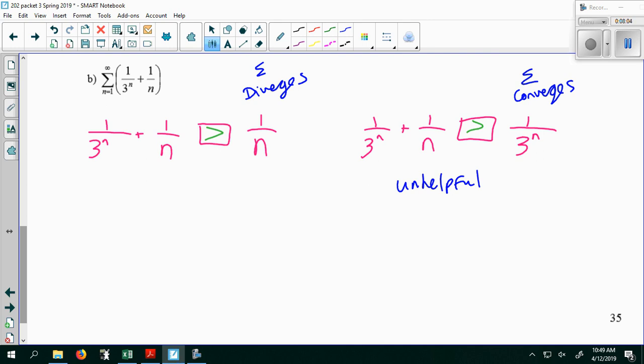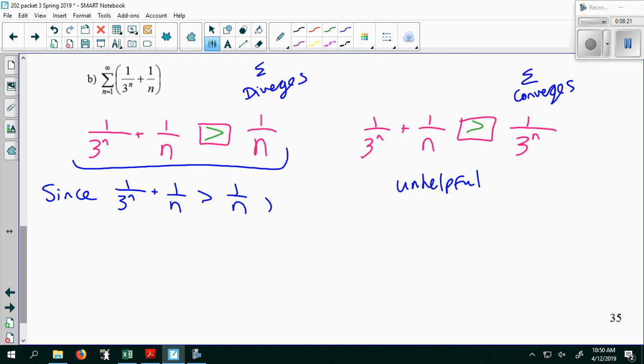So I'll write a sentence about why this tells me that the sum diverges. Okay, so I'm going to say, since 1 over 3 to the n plus 1 over n is greater than 1 over n, this sum, the sum of 1 over 3 to the n plus 1 over n, is larger than the sum of 1 over n.